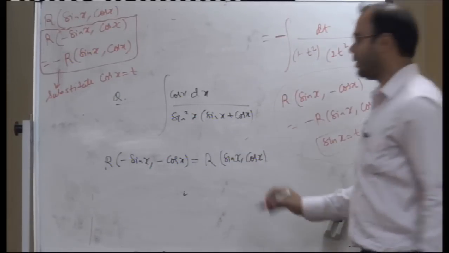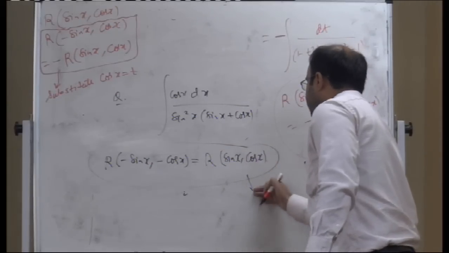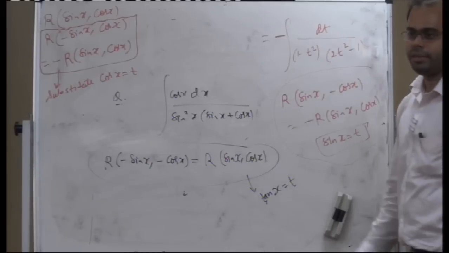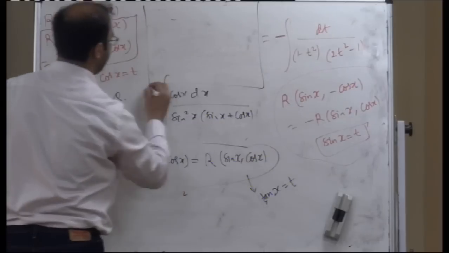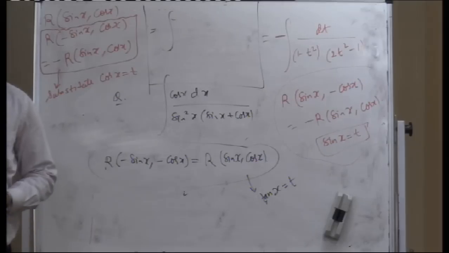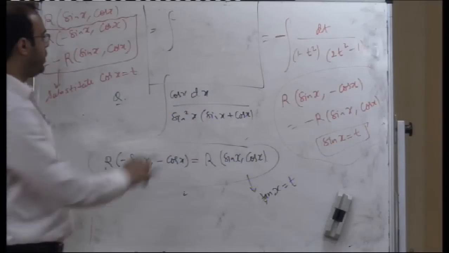In such a situation, the substitution you can do is tan x equal to t. How can you approach tan x equal to t here? If you put tan x equal to t, what you need is sec square x, as the derivative of tan x. So let us take sec square x here.